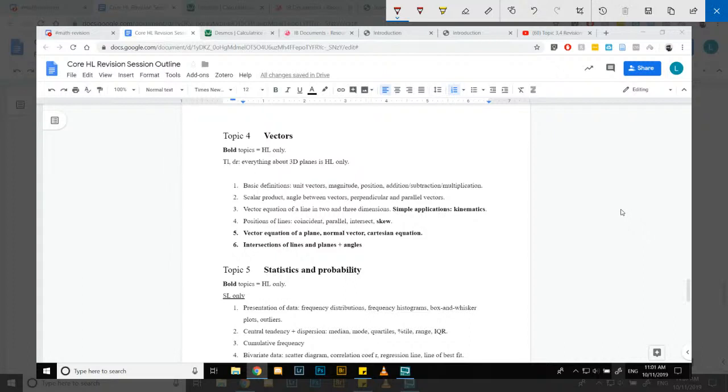If you watch everything, you should get a much better understanding of what the cross product and the dot product actually mean in the context of matrices, which really does help for SL and HL. It's very helpful.